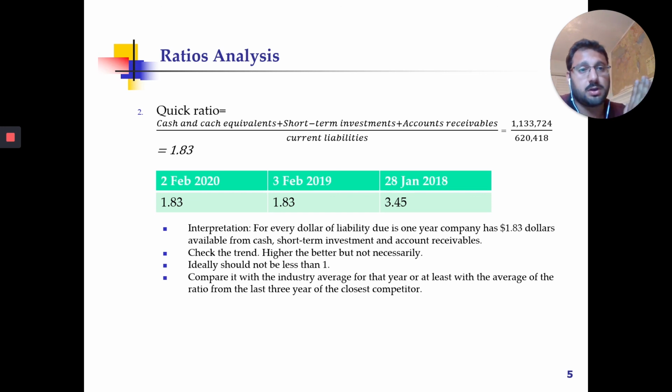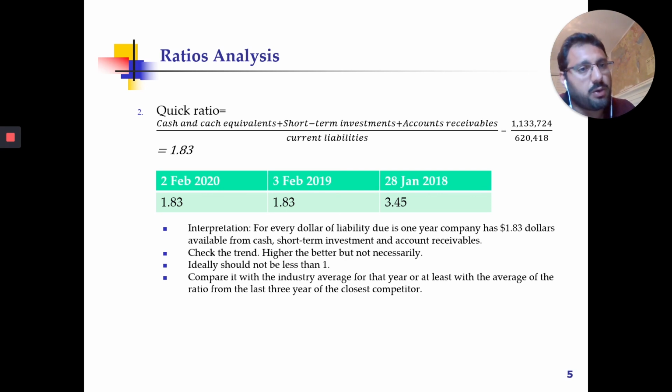There might be some short-term investment. The company has put some funds in a fixed deposit for 3 months with the bank at some guaranteed rate. That is relatively less risky, still more risky than the investment in treasury bonds, but it will be converted into cash.